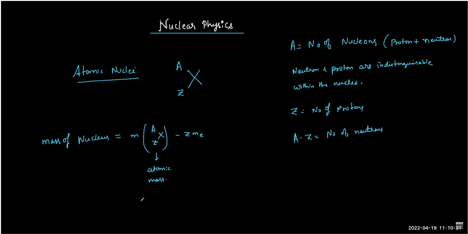So now comes the first thing, called the dimension of nuclei, the nuclear radius. The size of the nucleus is proportional to the number of nucleons.